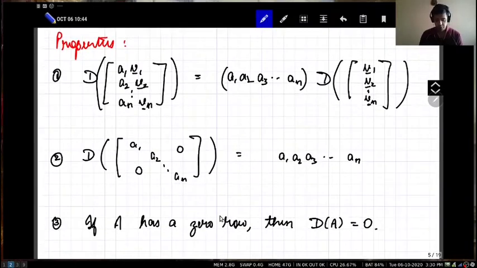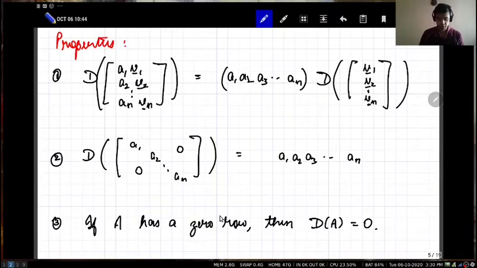So the first property is that if I take any matrix A which has the rows v1, v2 up to vn, and I scale the first row by some number a1, I scale the second row by a number a2, and so on, I scale each row by a number ai, then D of this new scaled matrix is the product of the ai's times D of the original matrix consisting of the rows v1, v2 up to vn.